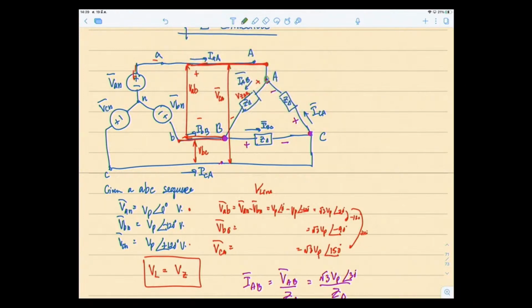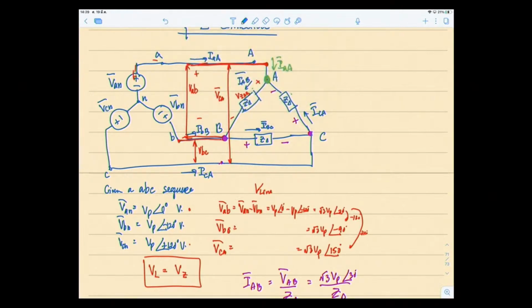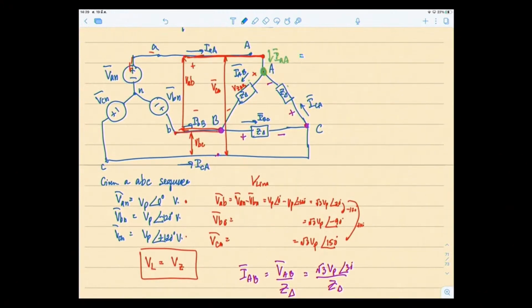All right, IAA. Well, it's a combination of ICA and IAB. So you use KCL, current in equal to current out of the node. So therefore you will get that IAA is equal to IAB minus ICA.